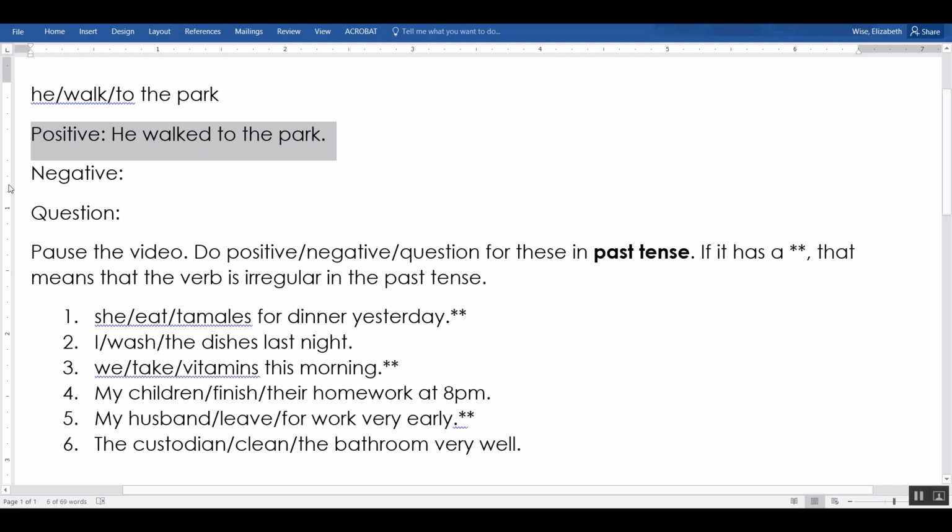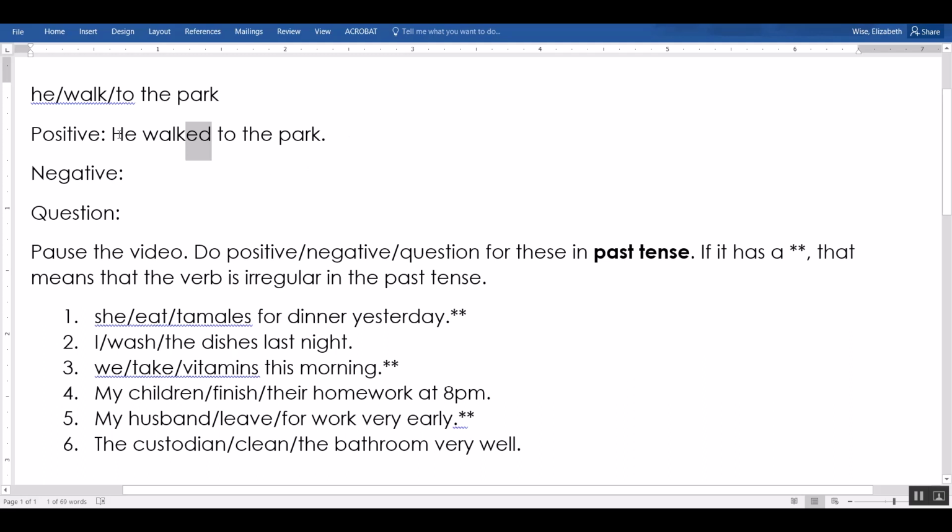You have the person, the verb, and extra information. So the positive, to make it past tense, would be he walked, look, ED, walked to the park. That's the positive, the affirmative statement. Okay? Yes, he walked to the park.